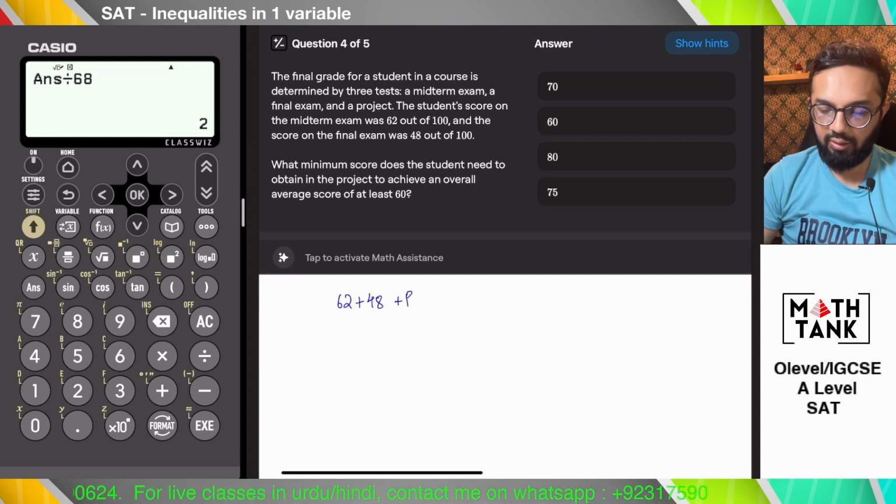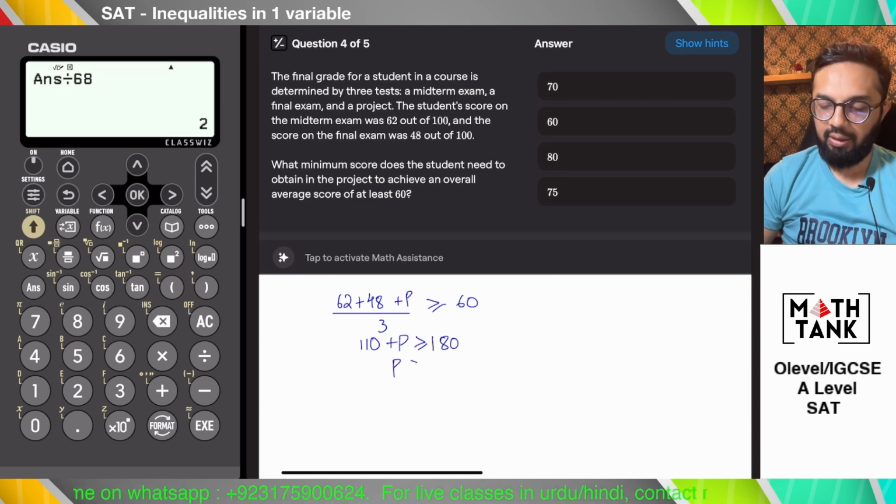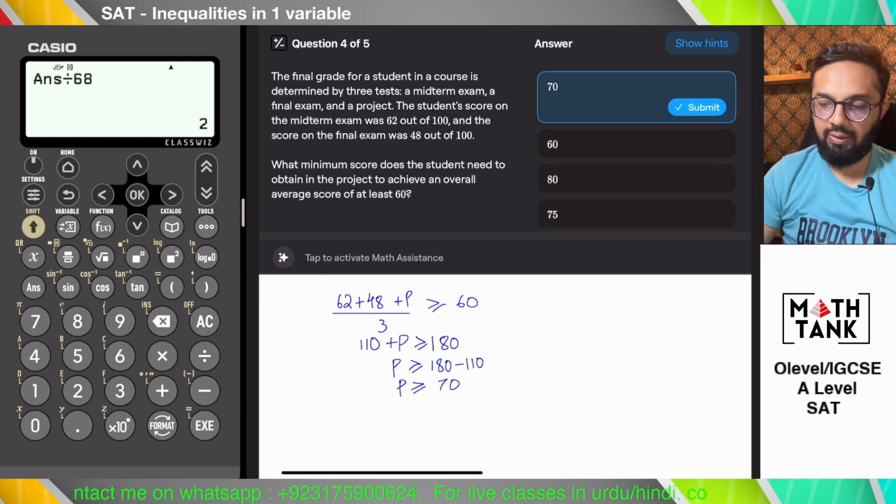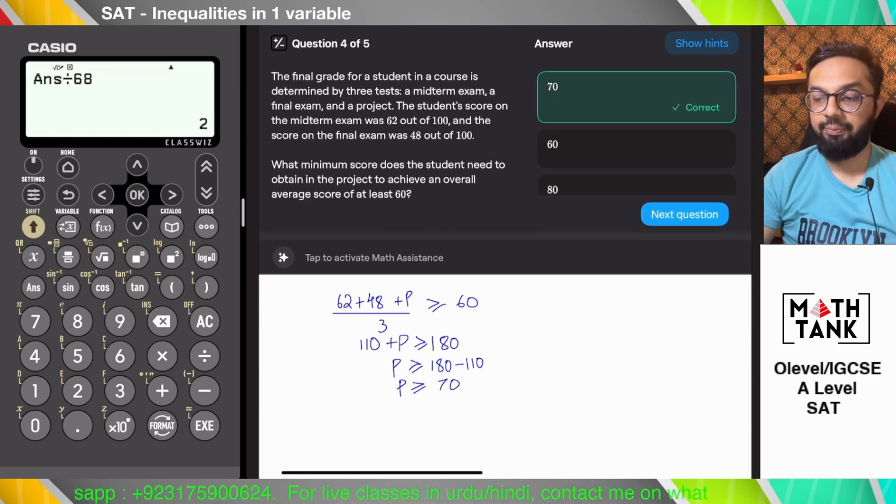So that's 110 plus P is greater than 3 into 60, which is 180. P is greater than or equal to 180 minus 110. P is greater than or equal to 70. So he needs to score at least 70.